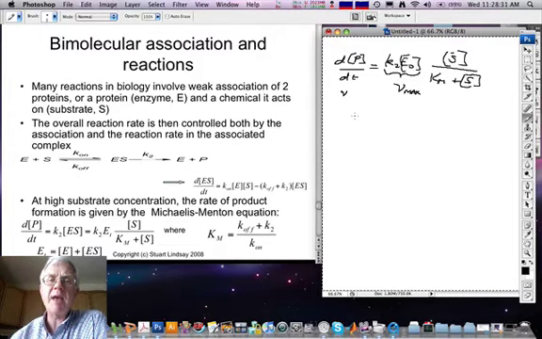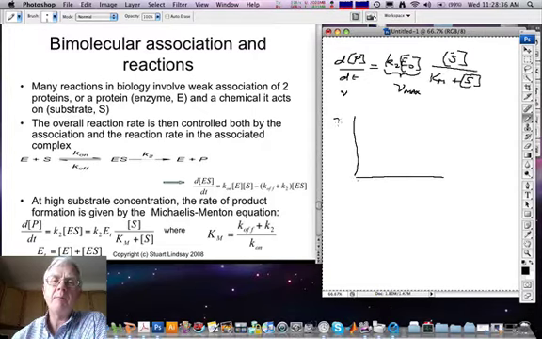So calling this the reaction rate and plotting this out versus the concentration of substrate, at very high substrate concentration, then the reaction rate is just the maximum possible reaction rate.